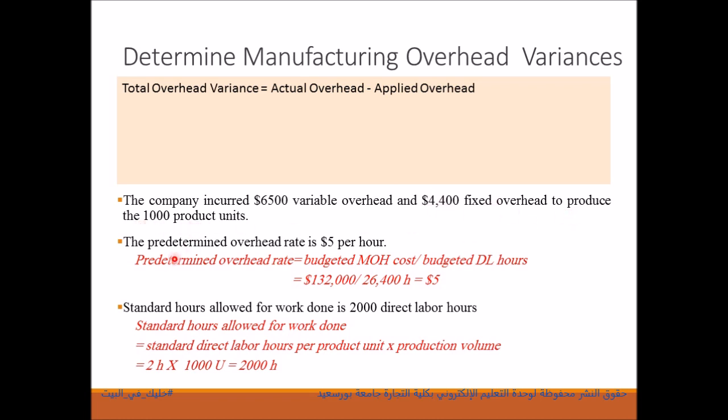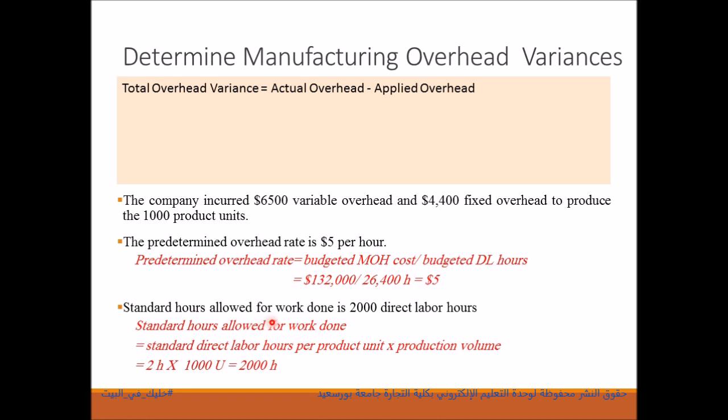1,000 product units. The predetermined overhead rate is $5 per hour and the standard hours allowed for work done is 2,000 hours. You need to recognize how the predetermined overhead rate can be computed by dividing budgeted overhead cost by budgeted direct labor hours.